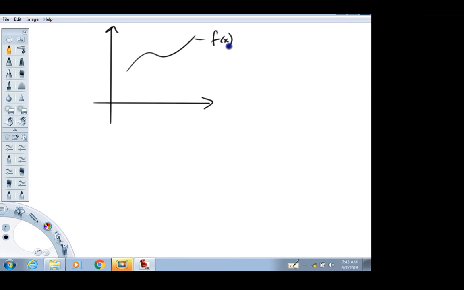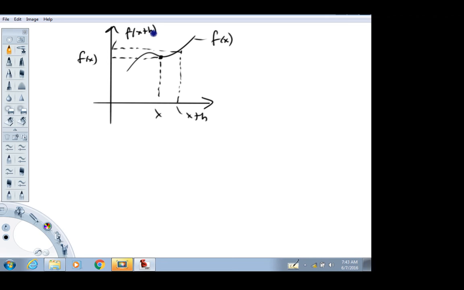In general, to find the derivative of that function, you're imagining a point x, f of x. You're imagining moving over a distance h, so the new x value is now x plus h, and the new y value is now f of x plus h. Now this is written generically, so this is true for any value x, any function f.